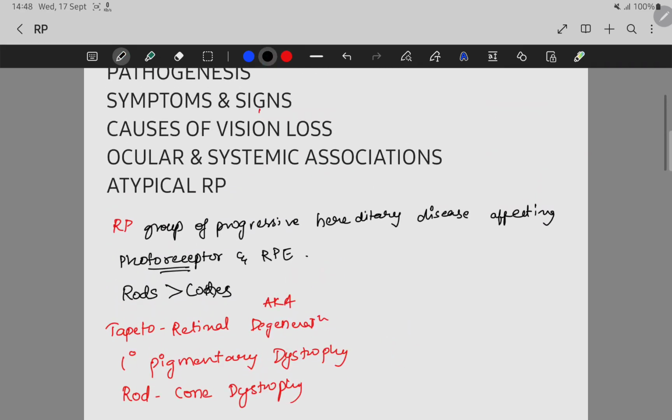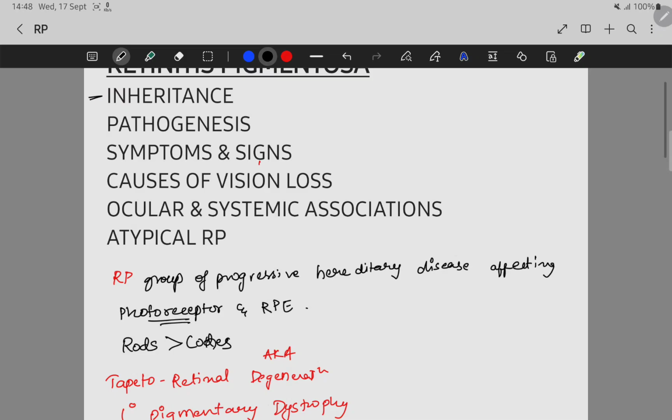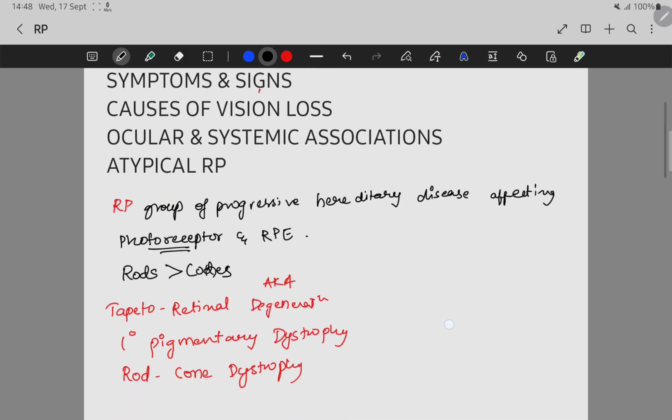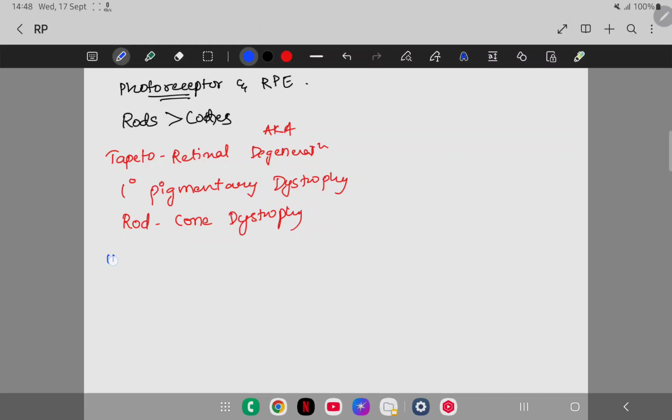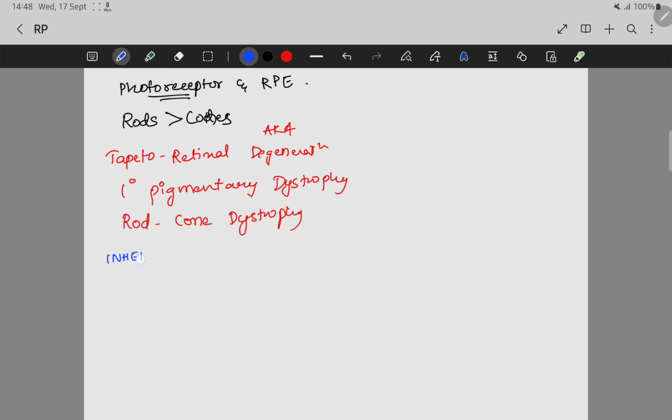Now coming to the inheritance. The inheritance pattern is either sporadic or hereditary.